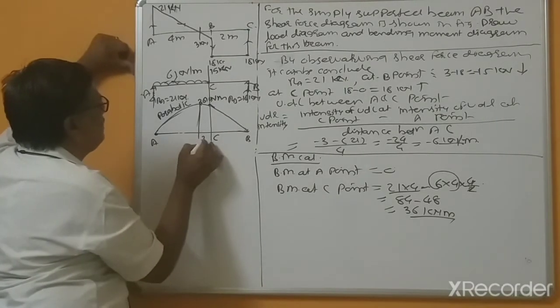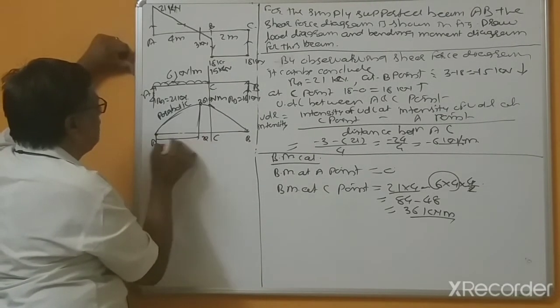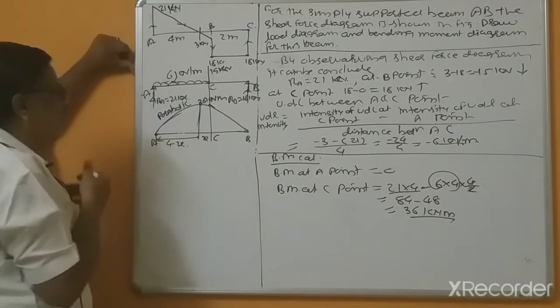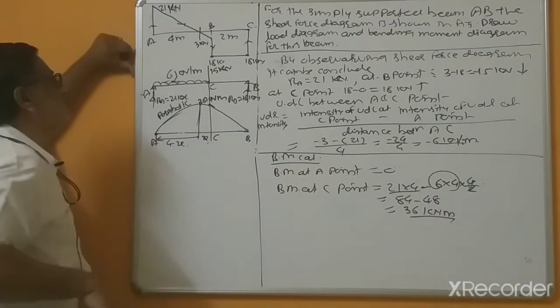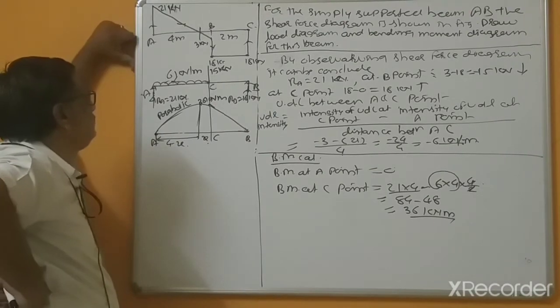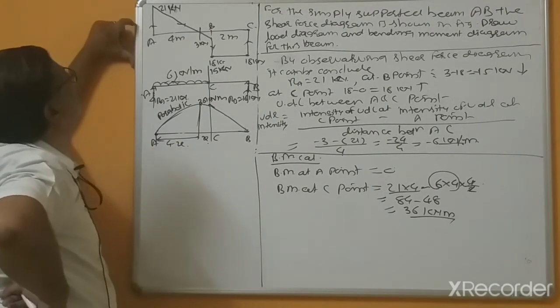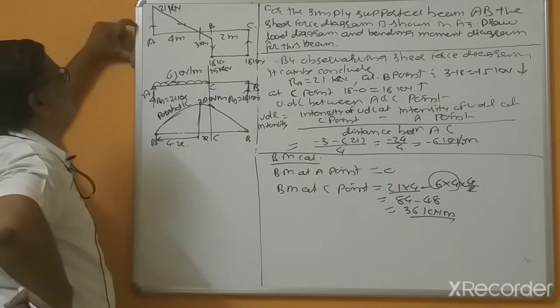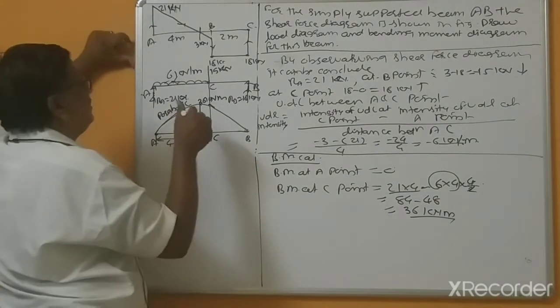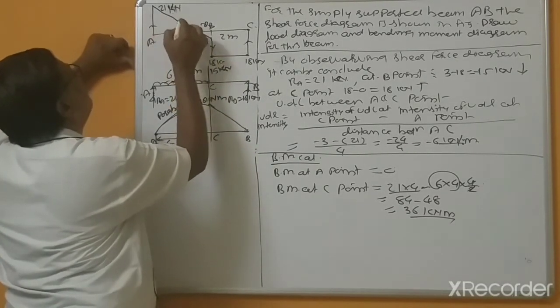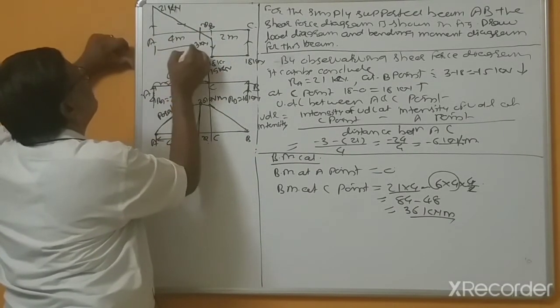So this distance equal to x, and this is 4 minus x. So maximum bending moment equal to x. This distance is to be calculated. So where shear force changes, suppose this is x and this is 4 minus x.